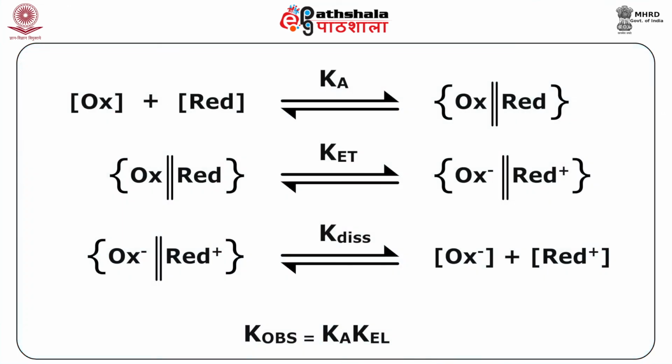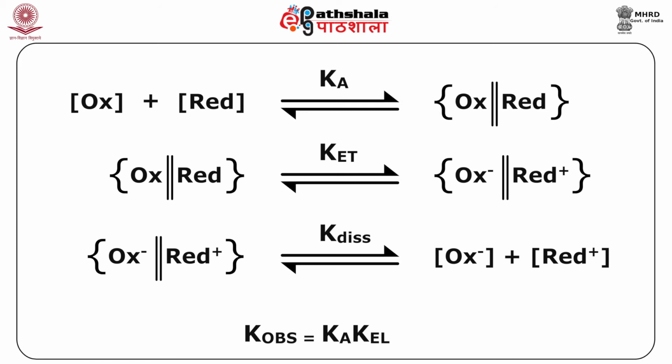So the general mechanism is that an oxidant comes in contact with a reductant and forms a bridge of oxidant and reductant where both the coordination spheres are intact. Now this close pair of oxidant and reductant further undergoes electron transfer, where the oxidant becomes negative in charge and the reductant becomes positive in charge.